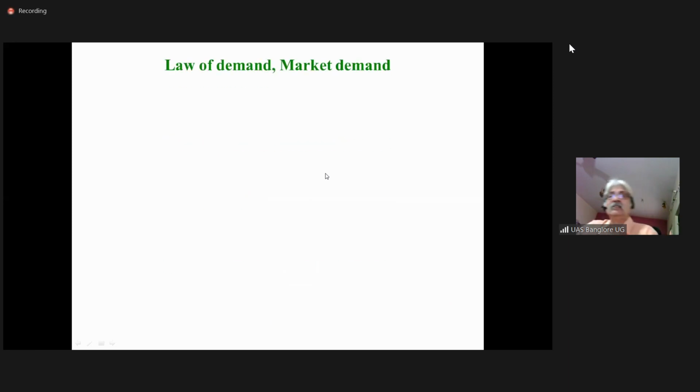Law of demand and market demand. These two aspects we'll cover in this slide. Okay. You remember the law of marginal utility. As you go on consuming more and more units of the same commodity, the additional satisfaction you derive goes on decreasing, keeping everything else constant.